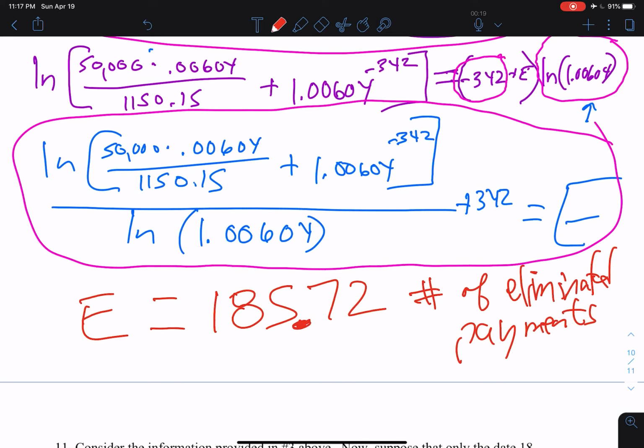So we don't eliminate 186 payments entirely. We do eliminate 185 payments entirely, and then some portion of one more payment. So again, the number of eliminated payments is 185.72. The detail was we eliminate fully 185 payments, and then the payment that precedes those that are eliminated, which will be the last one we make, will be a partial payment.